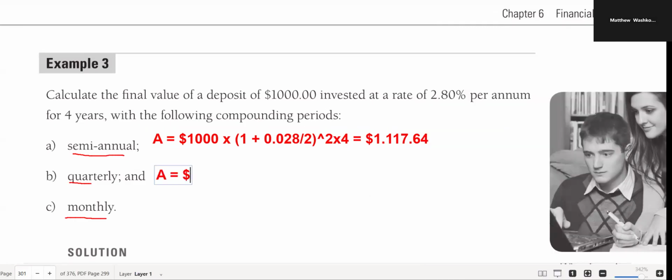So now let's do it quarterly, right? It's the same thing. Same amount of money, same length of time. 1 plus 0.028 divided by quarterly, 4 times in a year. All to the power of t times n. How many times is it compounded? It's 4 times 4, 16.